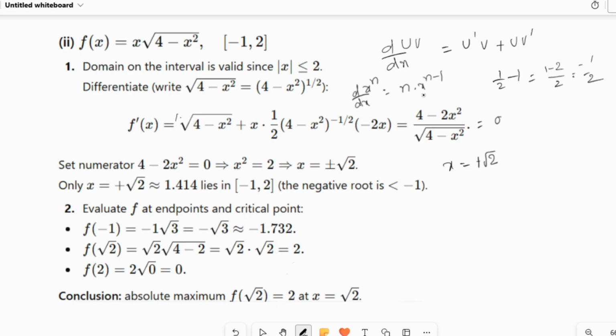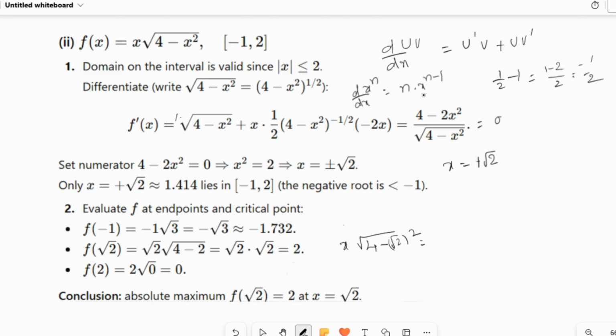And f of root 2: substitute root 2 in x into square root of 4 minus x square, that is root 2 whole square, that is 2, 4 minus 2, that is 2, so we get root 2 into root 2, that equals 2.